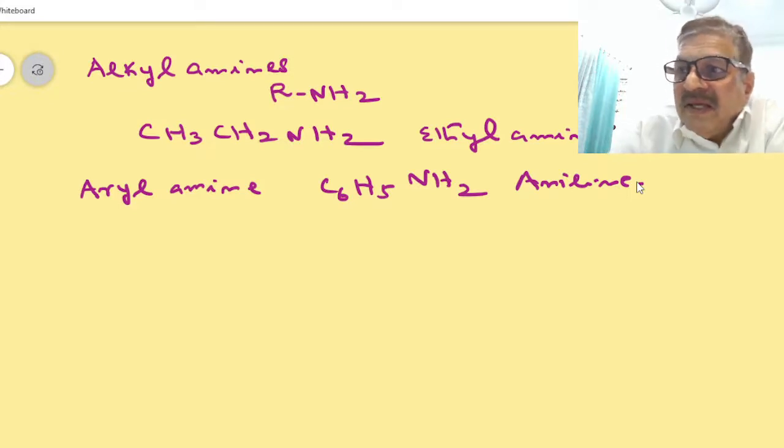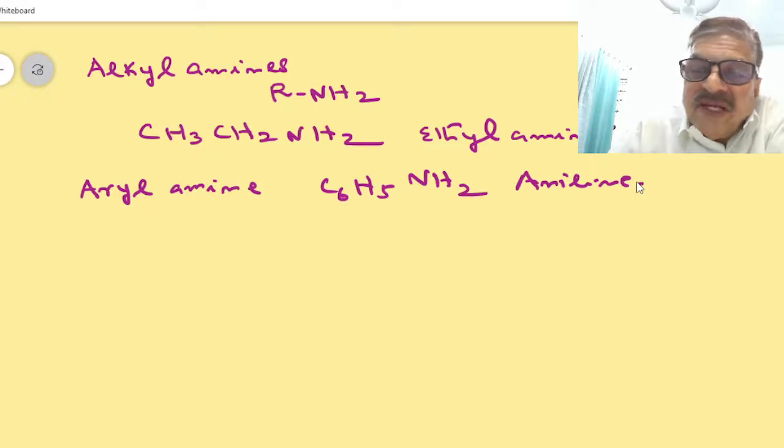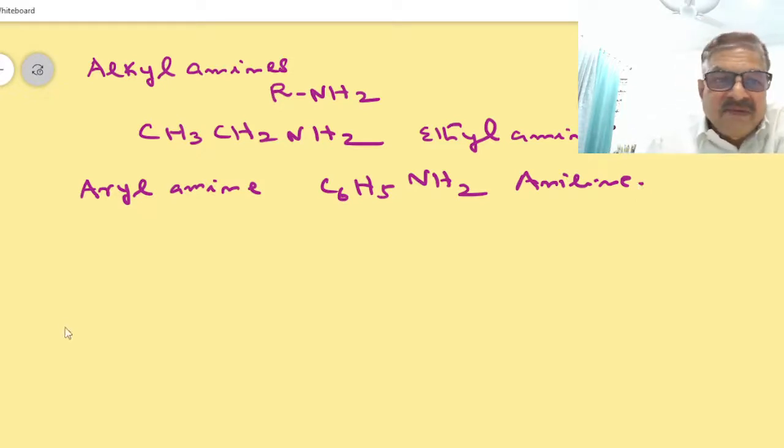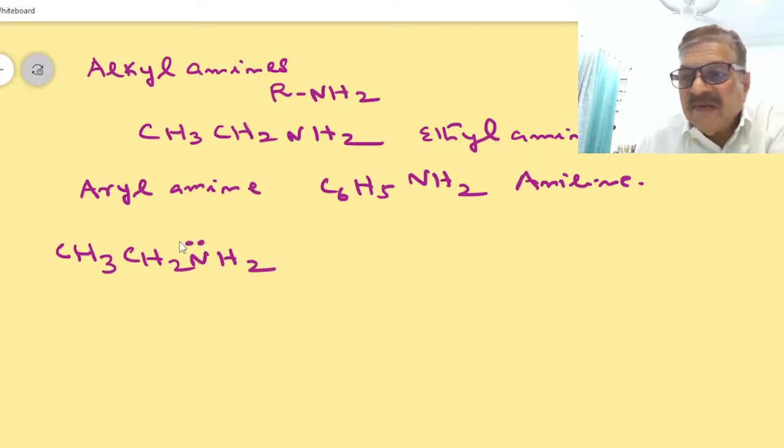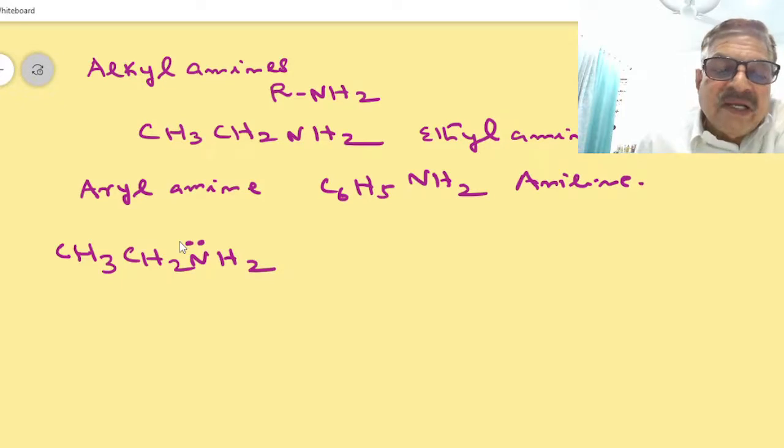Therefore, in ethylamine, if you see, the electron pair is localized on the nitrogen atom here. So this is our ethylamine. There is a localization. This electron pair is localized on this nitrogen atom here.